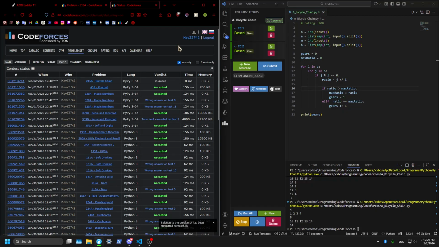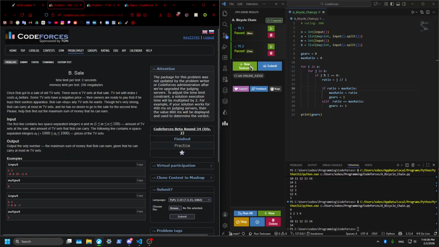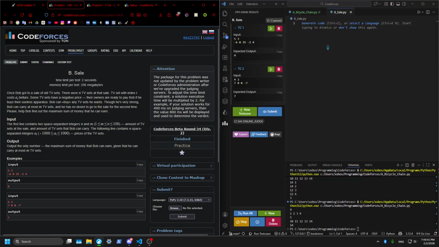And queue. Just move on to the next problem while we're here, just because we don't have a lot of time today. Sale. This is a 900 rated.